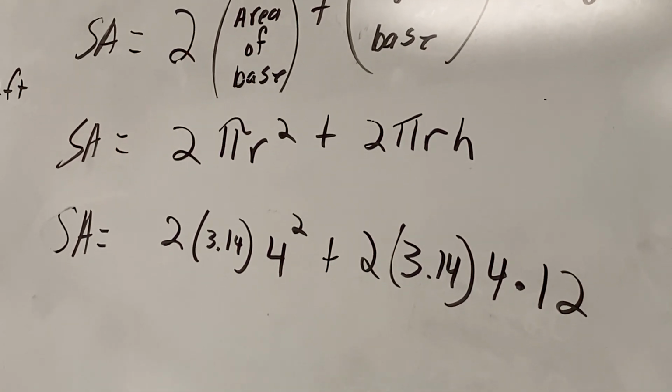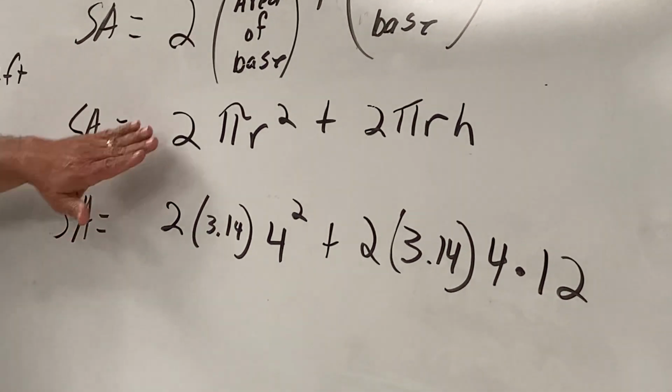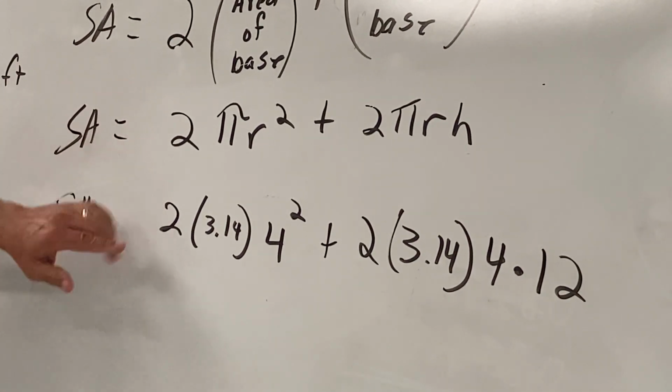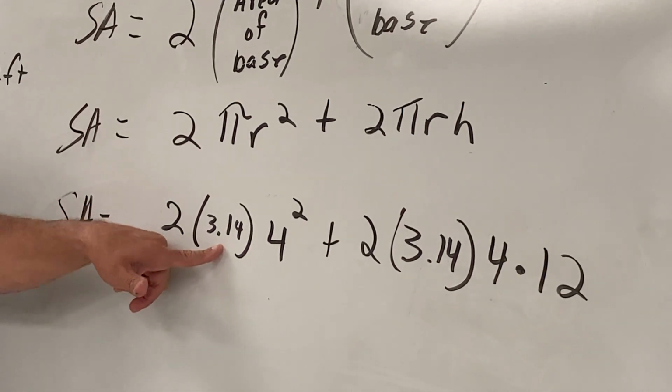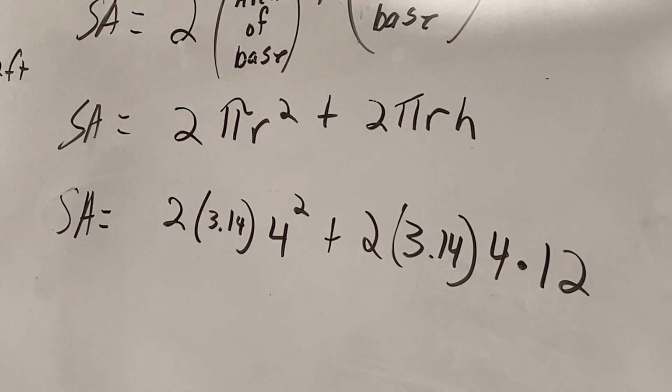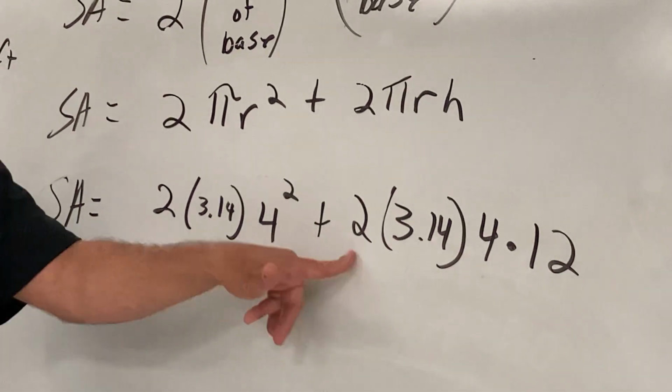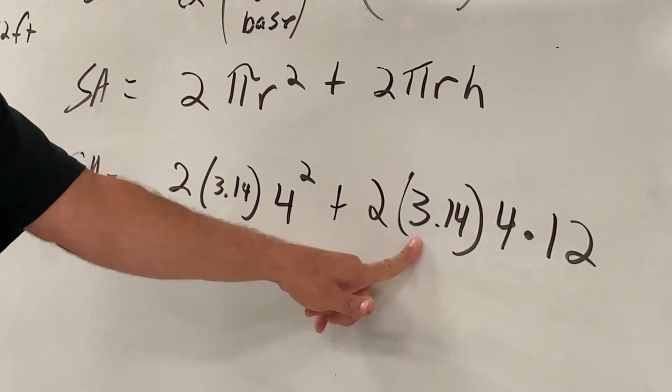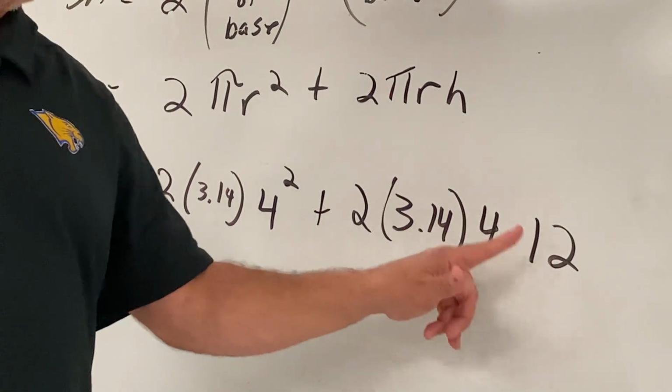Y'all ready? Yes. So pick up your calculator, type in 2 times 3.14 times 4 squared plus 2 times 3.14 times 4 times 12.